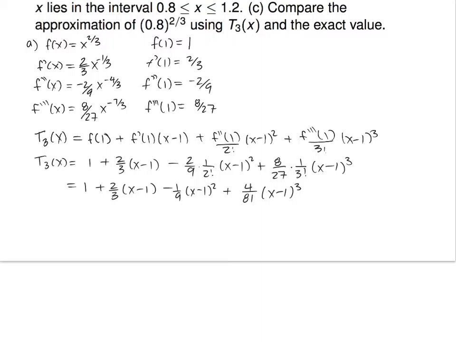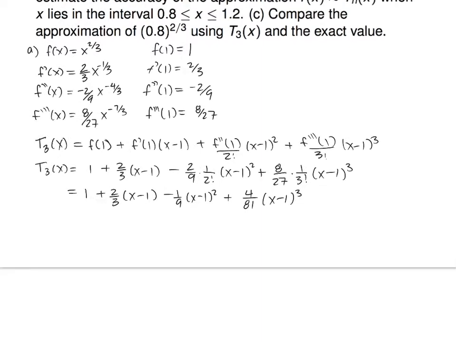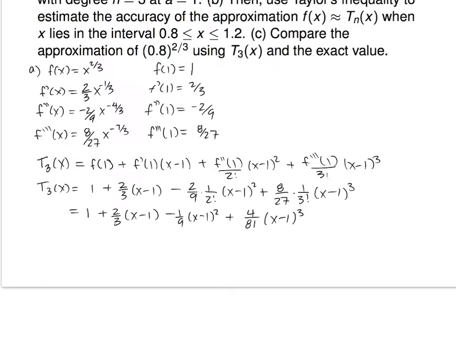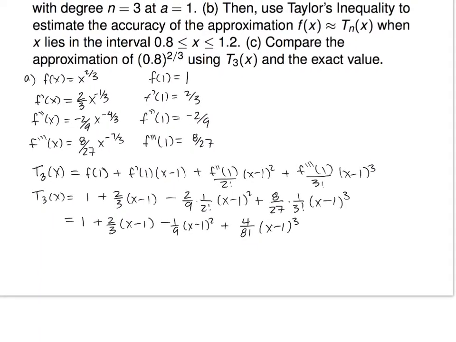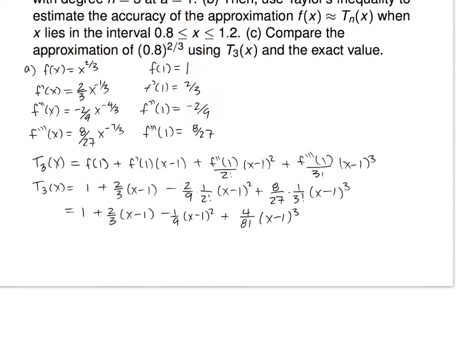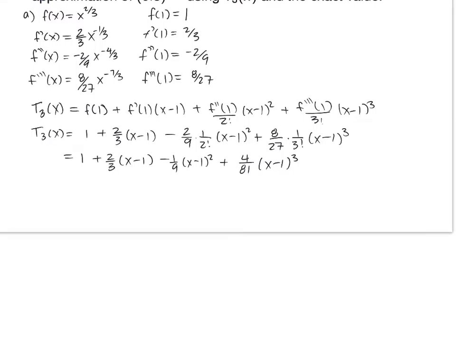Okay. So that's part A. Now part B says to use Taylor's inequality to estimate the accuracy when x lies in the interval from 0.8 to 1.2. Okay, so the first thing we need is the fourth derivative.